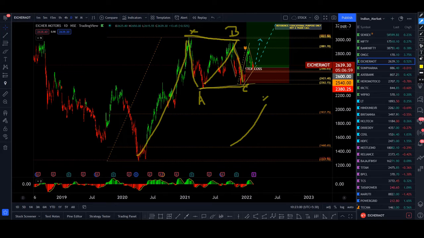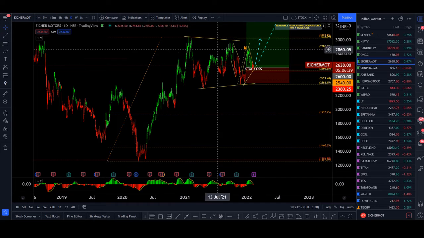If you see this, X followed by A, B and C are within the range, so this is called a contracting flat, and then we are expecting another move up. At this point we are expecting this pattern, and it has actually completed that pattern on the daily.